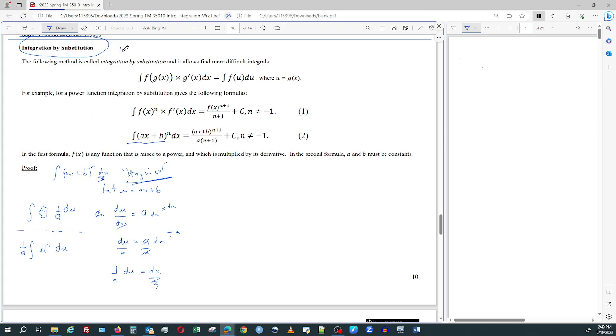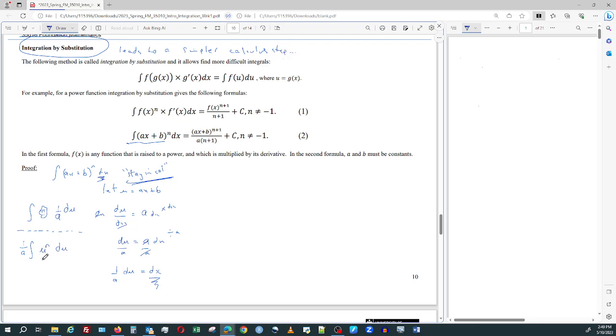Okay, it leads to a more simple calculus step. Because you'll agree, this is easy.